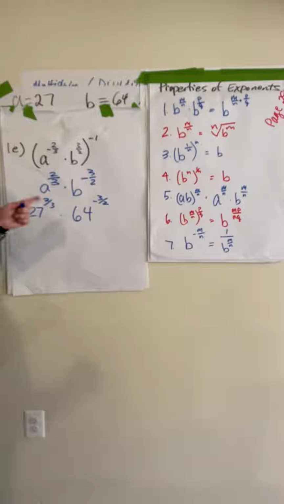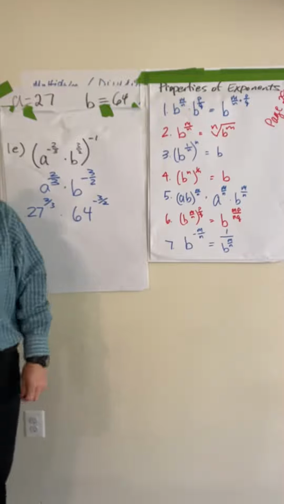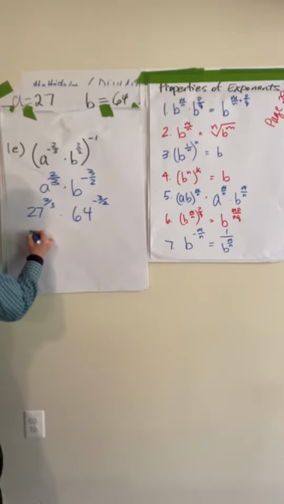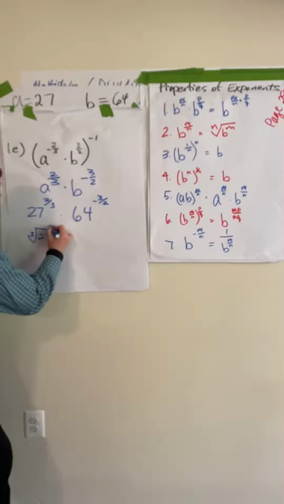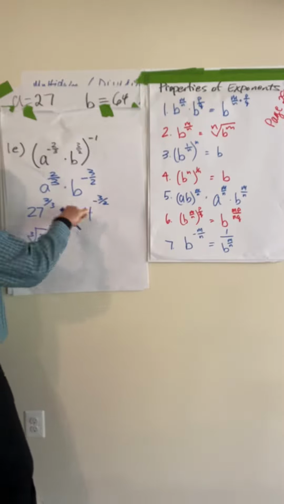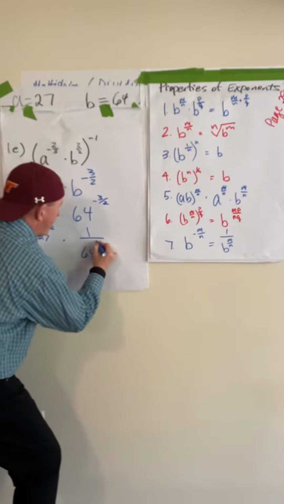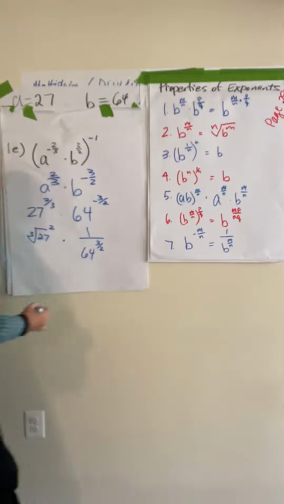Okay, now the problem looks kind of like the one we just did. We have 27 to the 2/3, and that's going to be the cubed root of 27 squared times, and that's going to be the negative exponent makes it a fraction, so 1 over 64 to the 3/2.